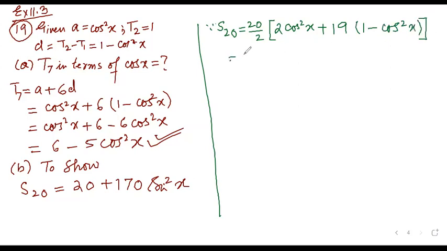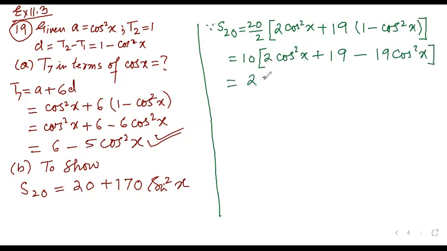So this will become 10 times 2 cos square x plus 19 minus 19 cos square x. Oh, we should not multiply this at first. 10 will remain as it is. Minus 19 and plus 2, minus 17. So 19 minus 17 cos square x.